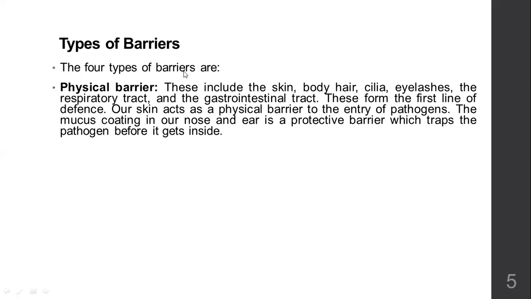If you didn't have your skin, all your organs would be exposed to the outside world. So skin is a natural protective barrier and a part of your innate immunity. The mucus coating in your nose and ear are protective barriers which can trap the pathogen before it gets inside.